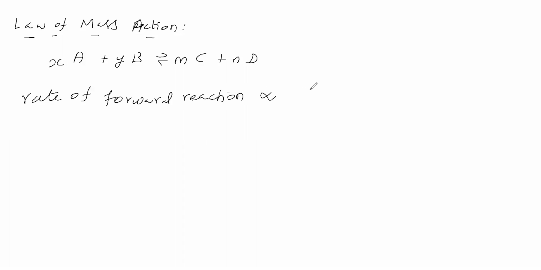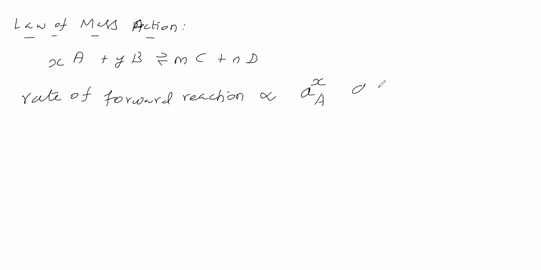Here, what are the reactants? For forward reaction, what are the reactants? That we'll see. A is the reactant. So, active mass of A to the power its coefficient. Here, what is the coefficient for A? X. That X we have taken as power.